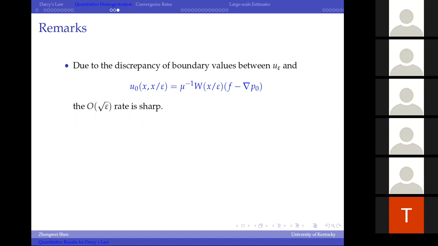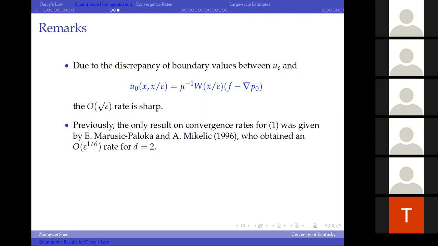error term there. Okay, there is a previous work on this problem in the two-dimension case. It was done by these two mathematicians, and they proved that in the two-dimension case, you can prove a rate of epsilon to the 1/6 using a stream function which only works in 2D, and of course the rate 1/6 is not sharp.